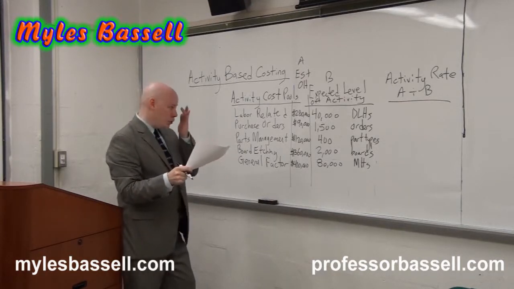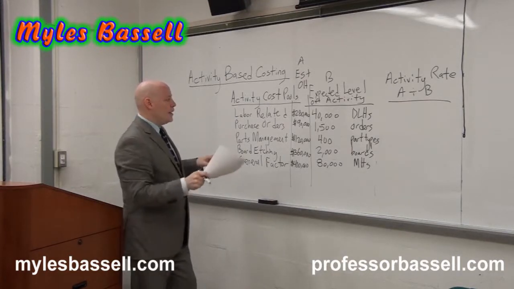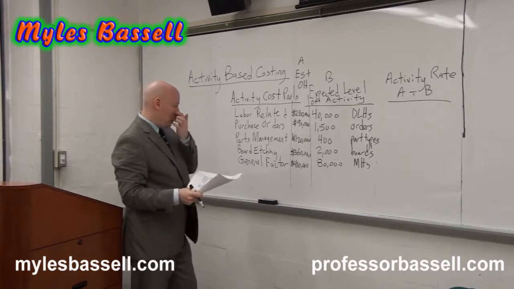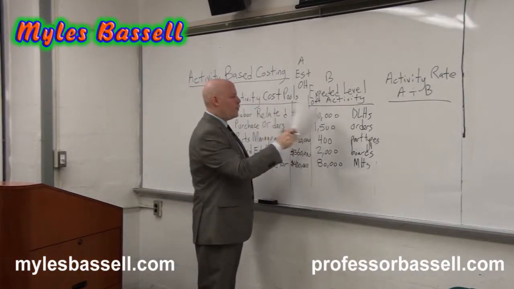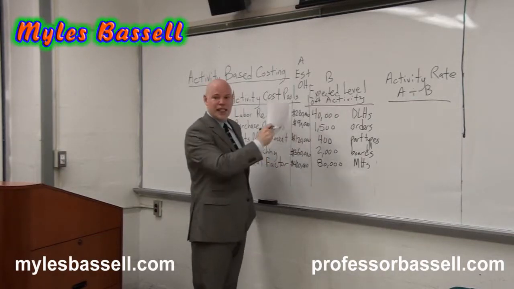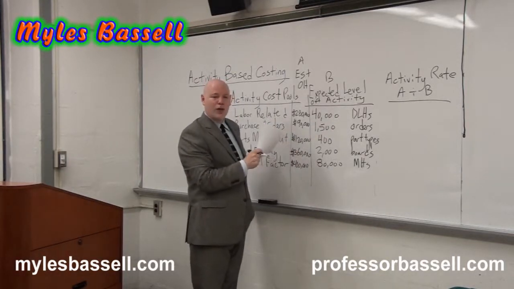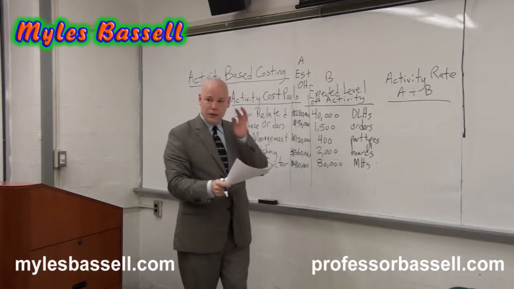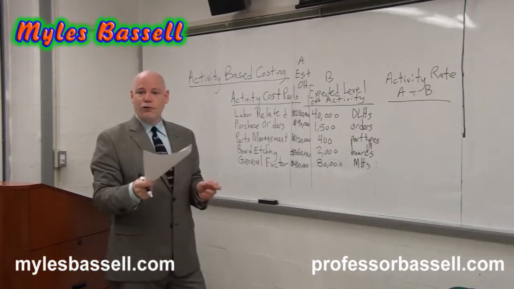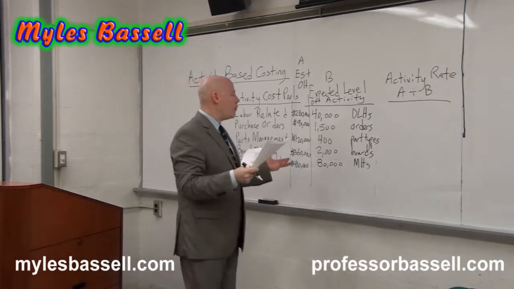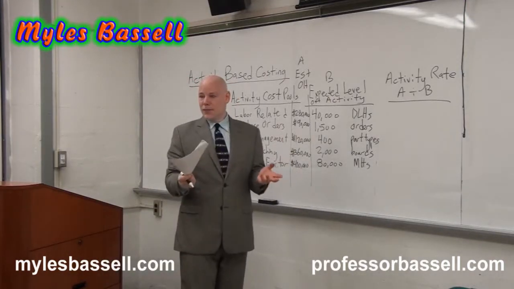So what we're going to want to do as managers is a sensitivity analysis. We're going to want to look at 50,000 direct labor hours, 60,000 direct labor hours. What if it was 70,000 direct labor hours? Because we want to understand what the cost is. So we don't just say, all right, now we're going to start running the factory on the weekends.